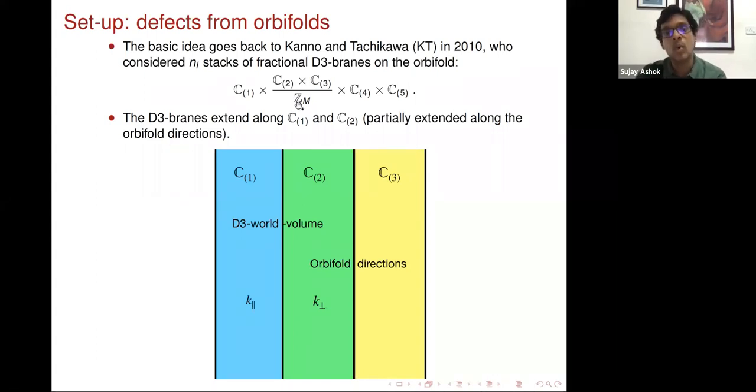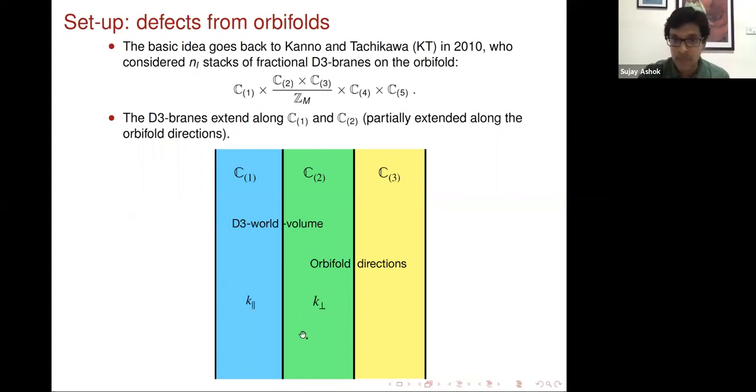But here, as this picture shows, the blue-green directions are the D3 brane world volume. So two of the directions of the D3 branes will be along the orbifold, and two will be transverse. So your defect will be along these parallel directions, and these perpendicular directions, as I've denoted, are along the D brane, but also along the orbifold.